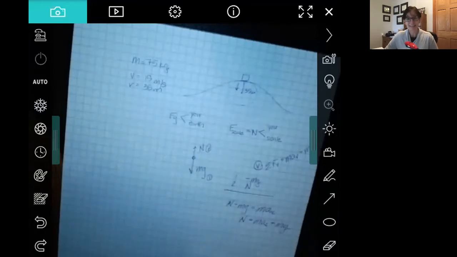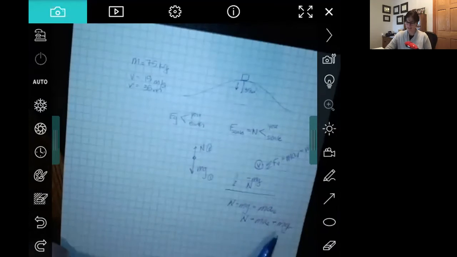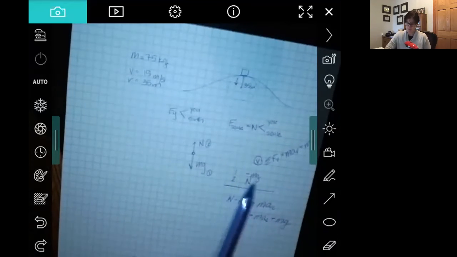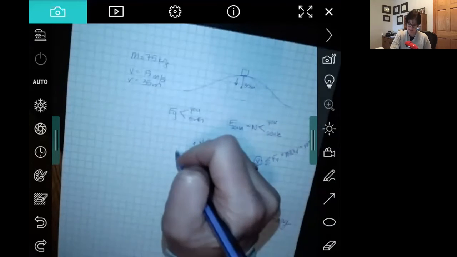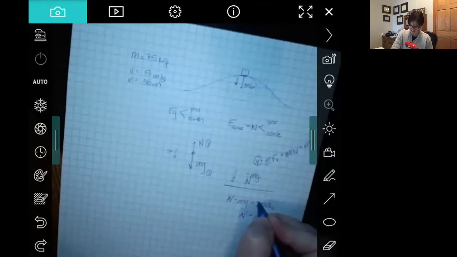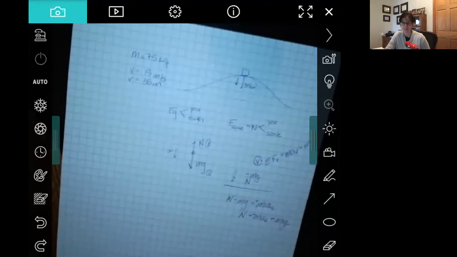Now, the second thing that we need to ask ourselves is, do these directions make sense? We said that the force of gravity is pointing in the downward direction. We also said that the acceleration is in the downward direction because we're at the top of the hill. So we want to make sure we're careful in our analysis and we recognize that that acceleration is negative.